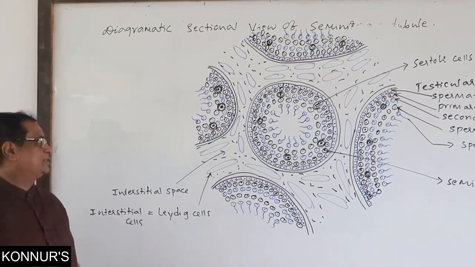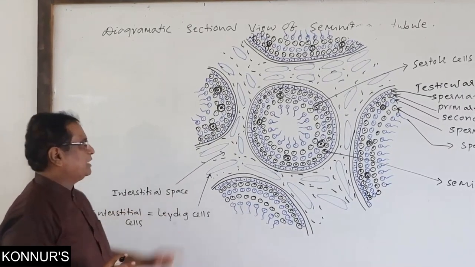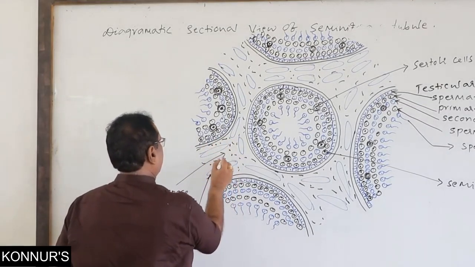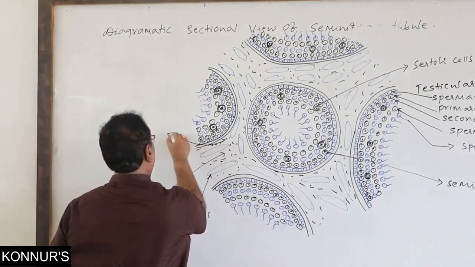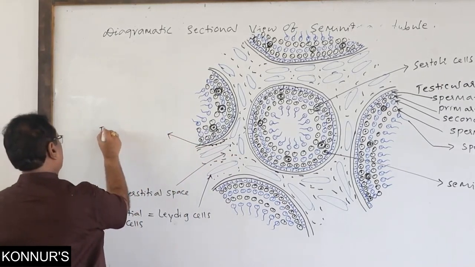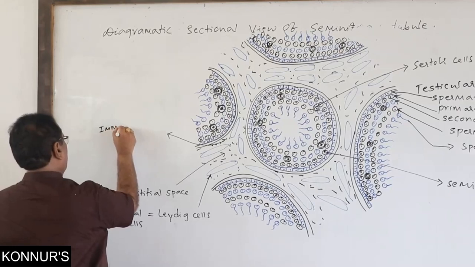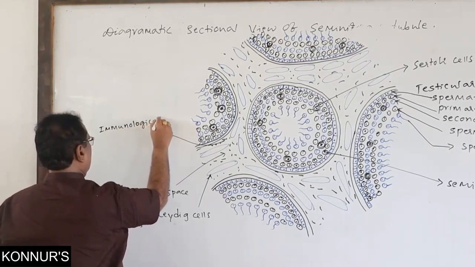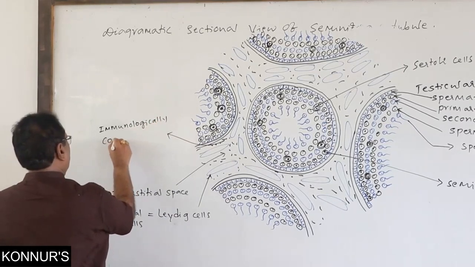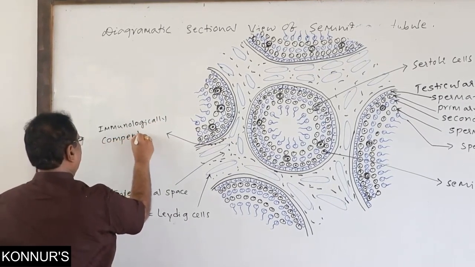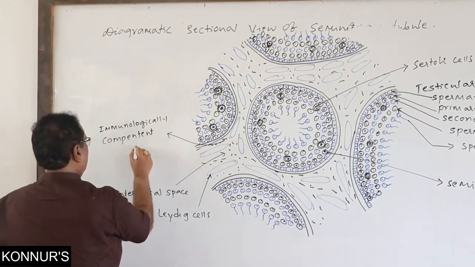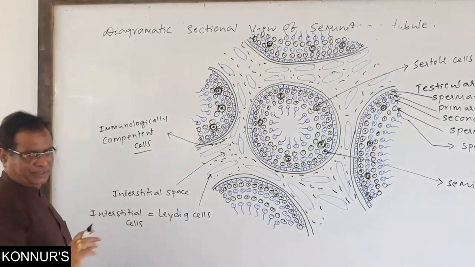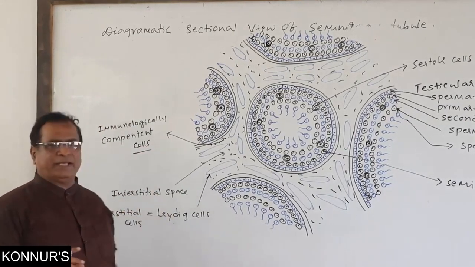In addition to that, immunologically competent cells are also present in this interstitial space.